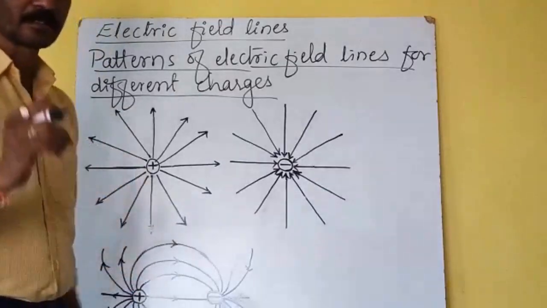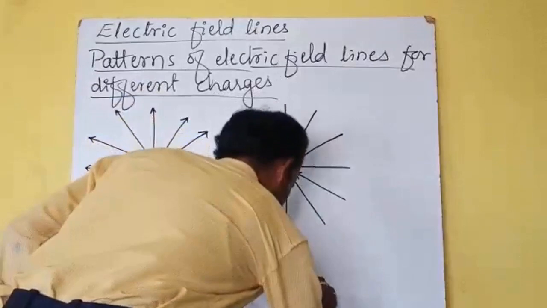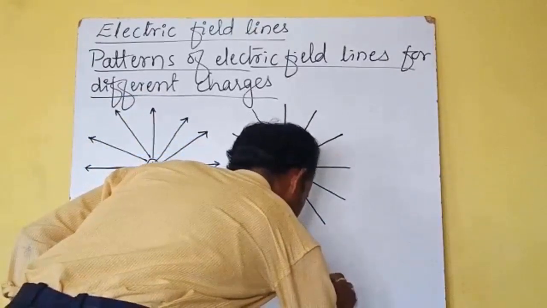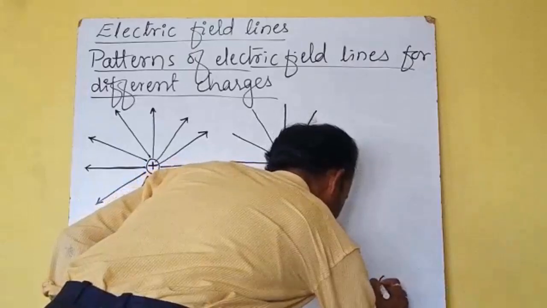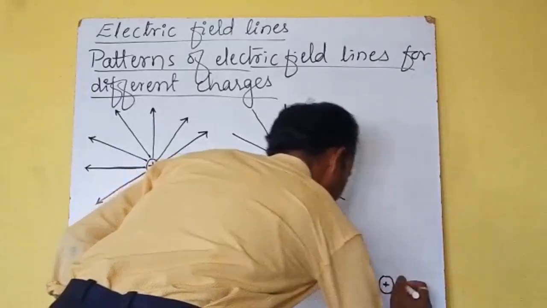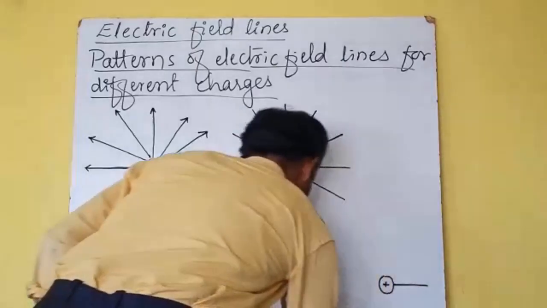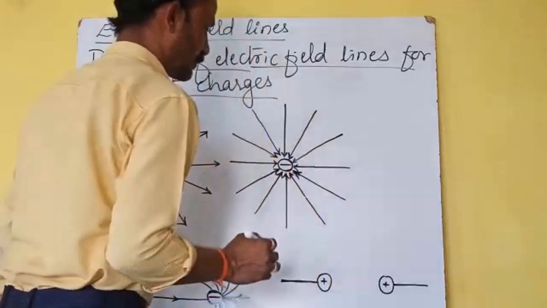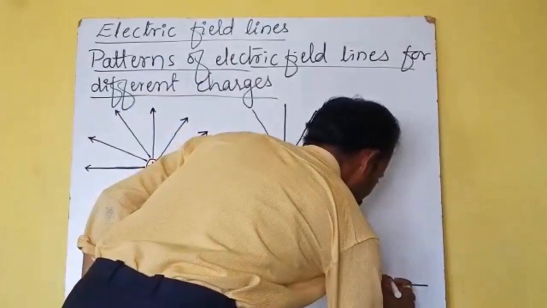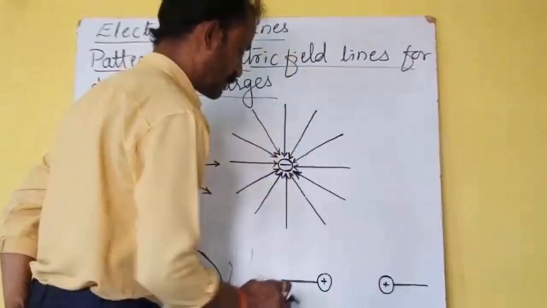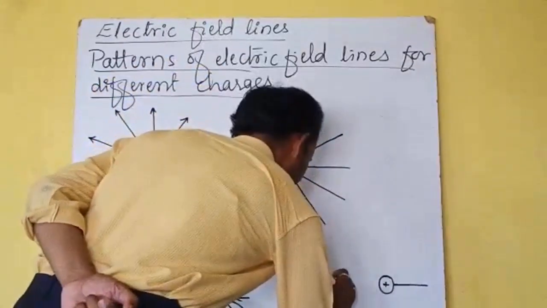Then for like charges, a system of like charges, consider two positive charges separated by a small distance. So here is a system consisting of two like charges, that is positive charges.